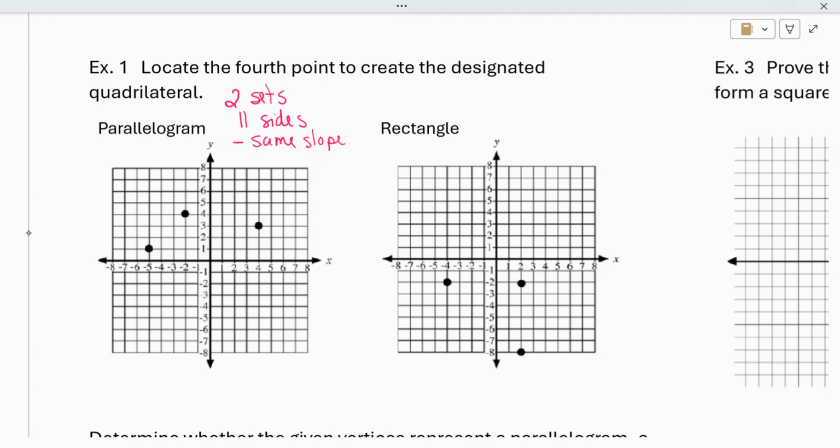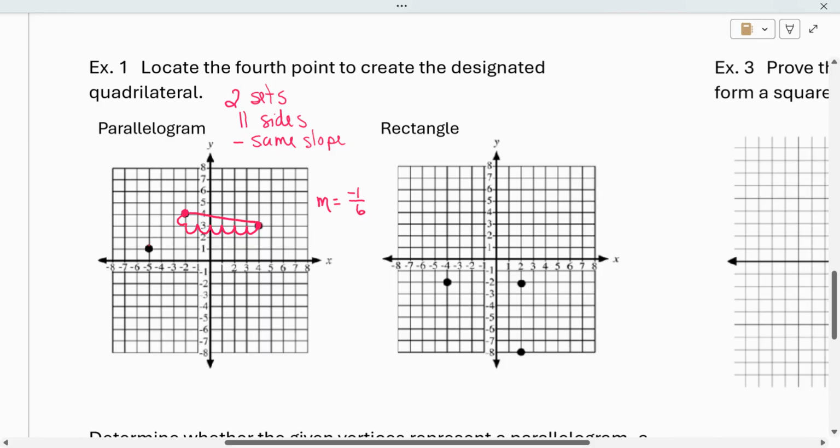So let's see, to go from this point to this point, I go down 1 and to the right 1, 2, 3, 4, 5, 6. So the slope of the red segment is down 1 to the right 6.